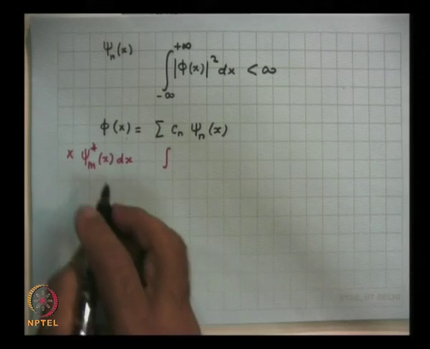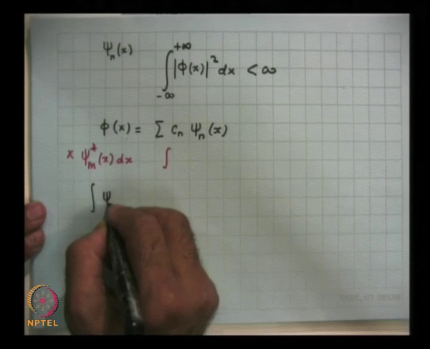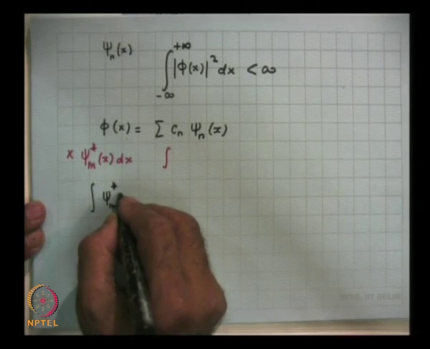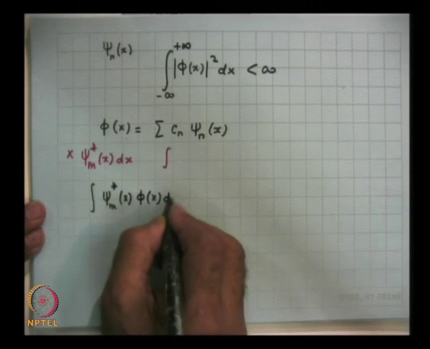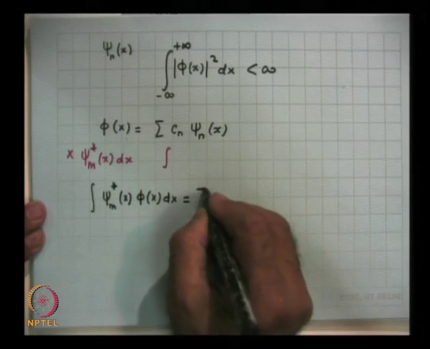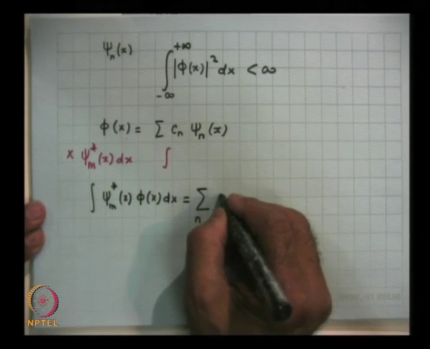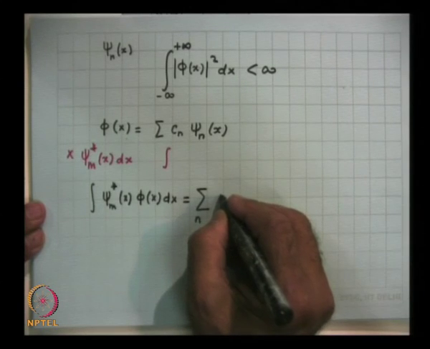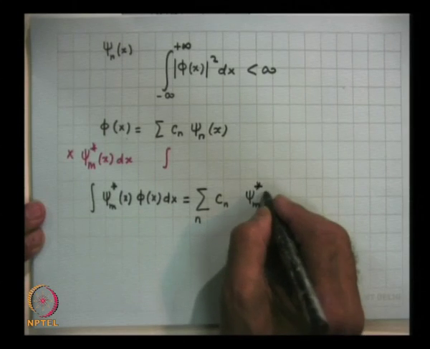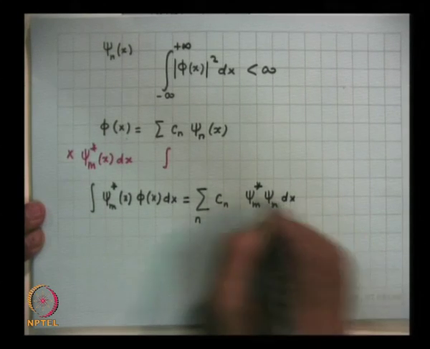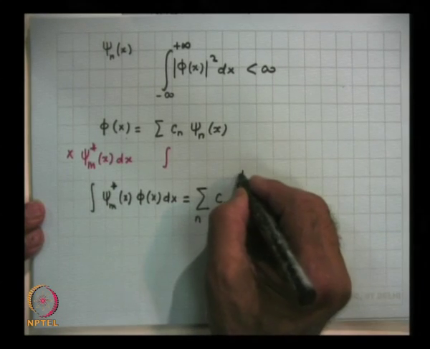So, what we will have is that the left hand side becomes the integral of psi m star of x phi of x dx is equal to the summation, the sum is over all values of n, C n times the integral of psi m star of x psi n dx, all limits being from minus infinity to plus infinity.